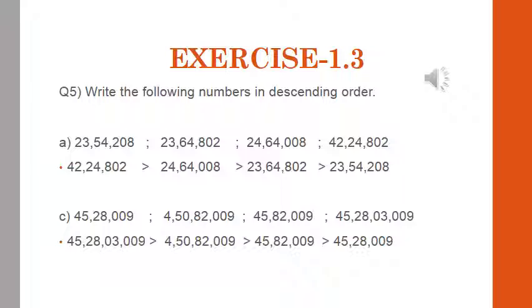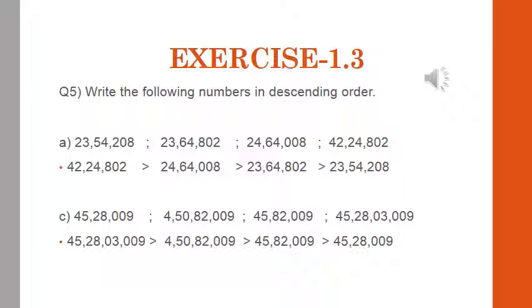And then the next two, that is 23 lakh 54,208 and 23 lakh 64,802, we have to compare, as the lakh period is the same for both the numbers. That means 23. So we have to move to the next period, that is the thousand period.